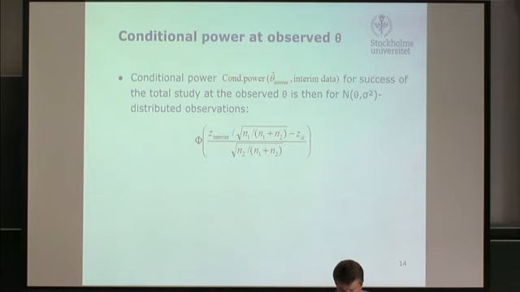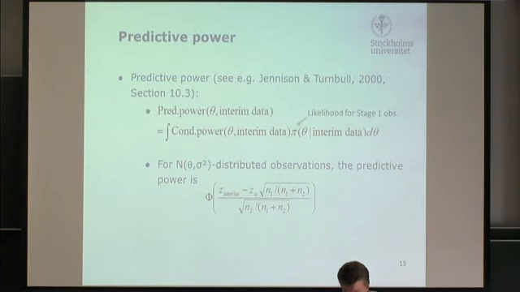And so I will use this conditional power at observed theta later, but I want to also mention that another important concept is predictive power, where you do not rely on the point estimate in the interim analysis, but you take the likelihood of the interim data for theta, so you have a distribution around the observed theta, and integrate then the conditional power over this likelihood density, which defines then the predictive power.